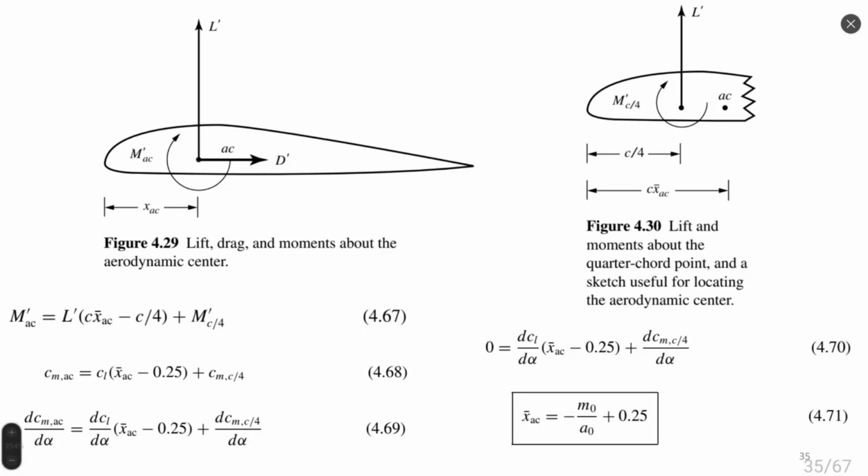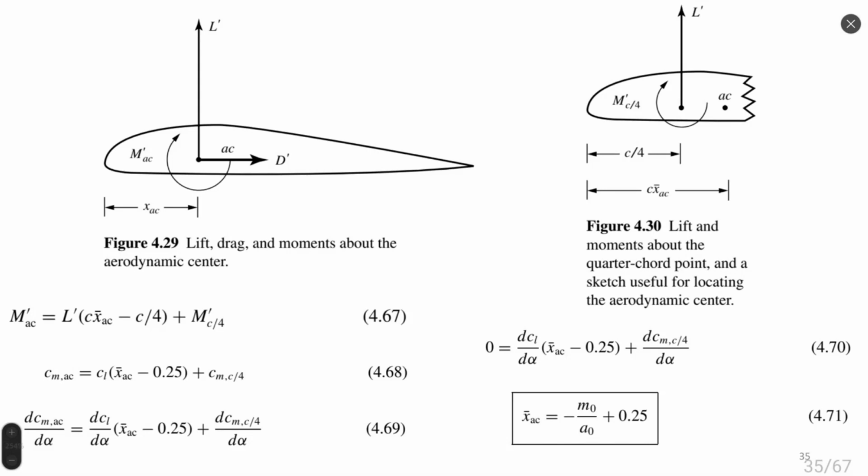So it's pressure and friction which create lift and drag, which can be converted to moment around any arbitrary point when we know the aerodynamic center. The equation to calculate moment at the aerodynamic center with reference to 1/4 chord is shown in equation 67.